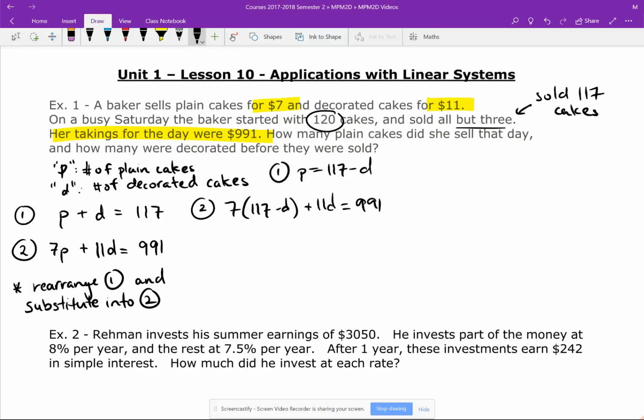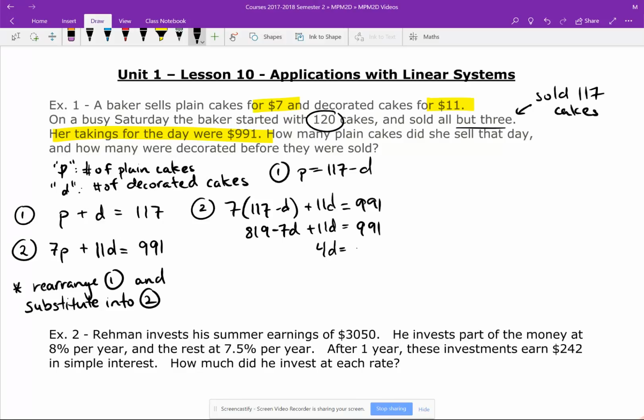So when I solve for D, I'm going to expand this a little bit. So 7 times 117 is 819 minus 7D plus 11D equals 991. Okay, and then I'm going to collect like terms. Negative 7D plus 11D is 4D.